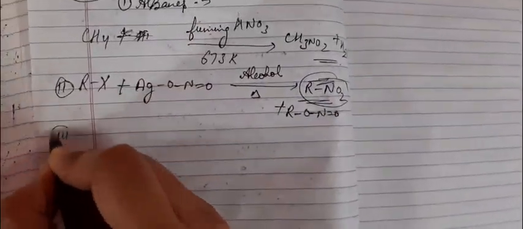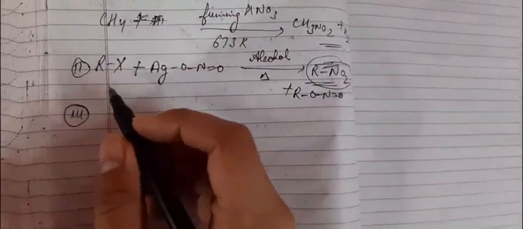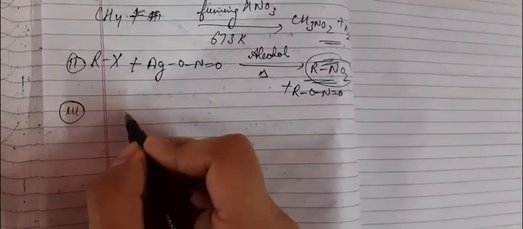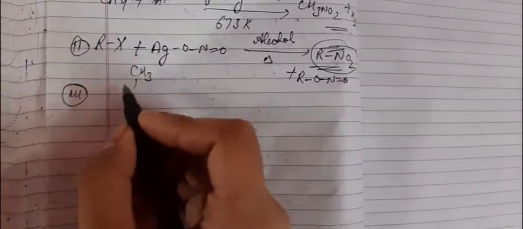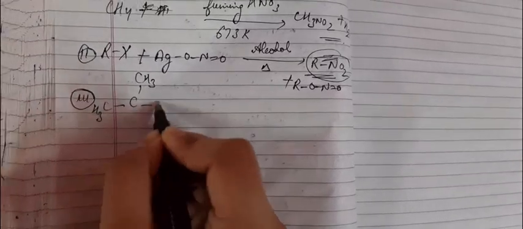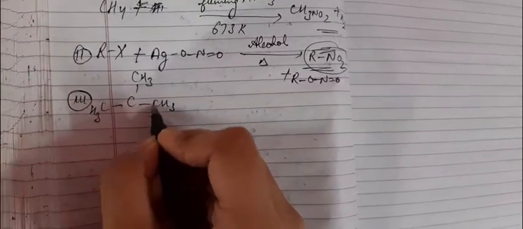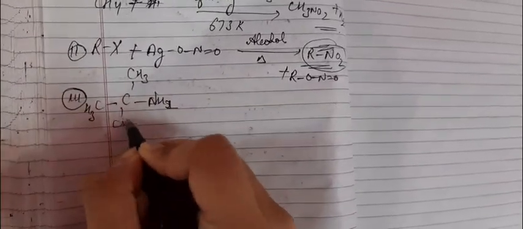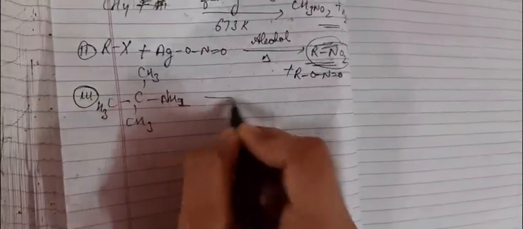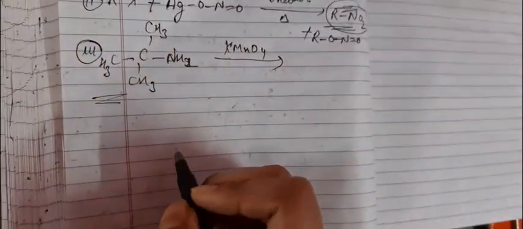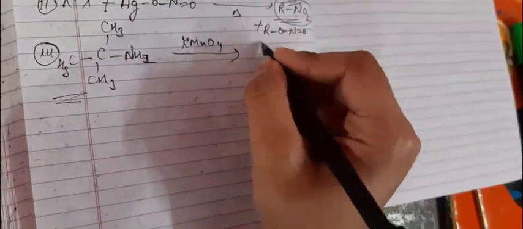Also, we can prepare nitroalkanes using tertiary alkyl amines, for example, taking a tertiary alkyl amine and treating it with KMnO4, we can get the corresponding nitroalkane which is as follows.